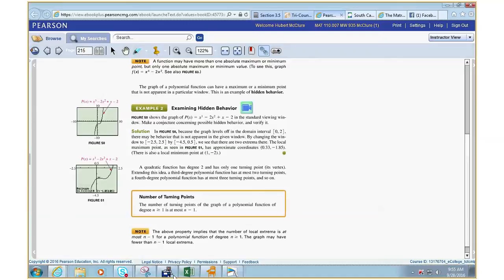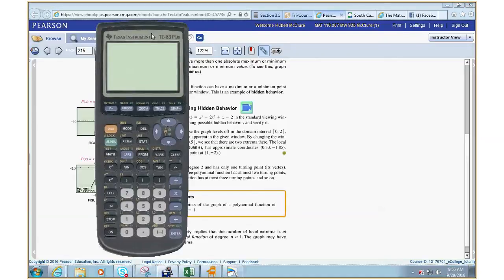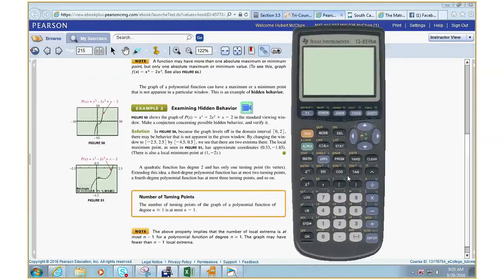Now, when you graph this function, that's why we don't spend a lot of time on this section, because you can do everything on the calculator. And there's no sense in wasting time trying to teach it, because all you're going to do is do it on the calculator.